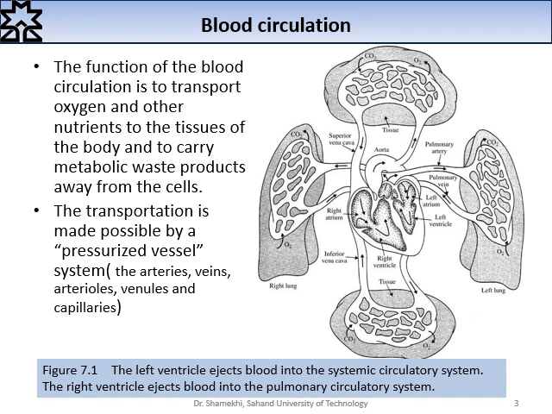The transportation is made possible by a pressurized vessel system, consisting of the arteries, veins, arterioles, venules, and capillaries. As you can see here, we have some pressurized connected chambers and connected vessels used to transport oxygen, and oxygen is the most important material we need to continue our life.